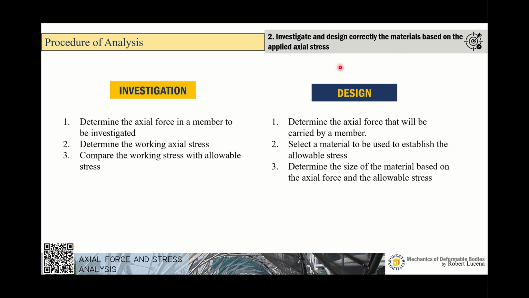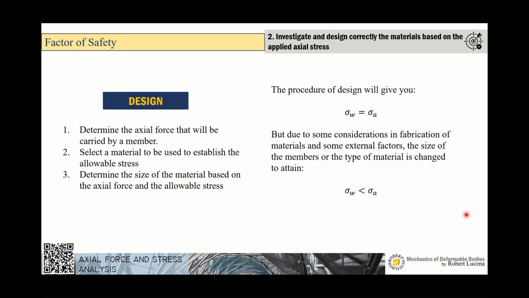Design is that we have to select the appropriate size or the appropriate material in order for the system to be working, or in order for it to be structurally stable. So in designing, we do not want the working stress to actually go beyond the allowable stress. Theoretically, the working stress should be equal to the allowable stress.